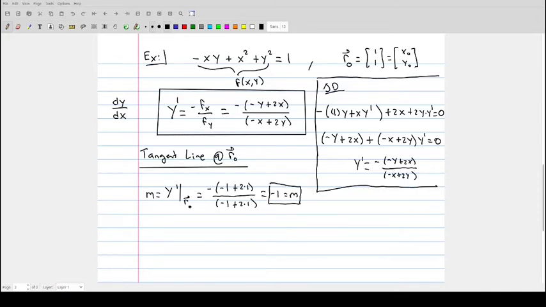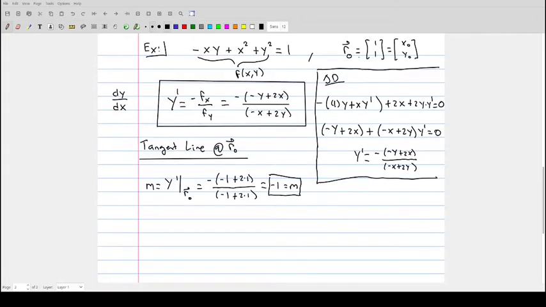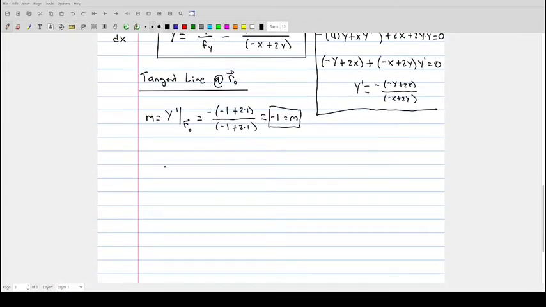So the slope of the tangent line at this point, r naught, is equal to negative 1, and thus the equation of the tangent line, y is equal to m times x minus x naught plus y naught, is going to be equal to negative x minus 1 plus 1. And this should be the equation of the tangent line to this curve.